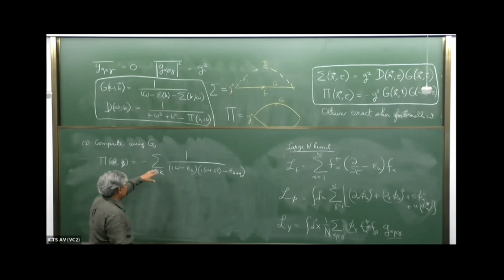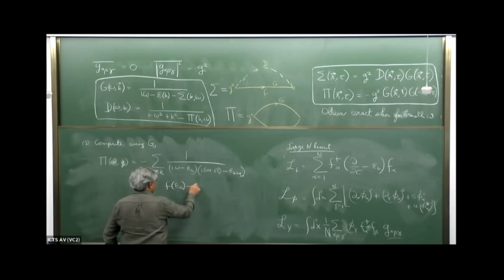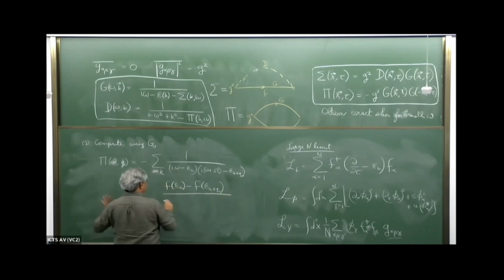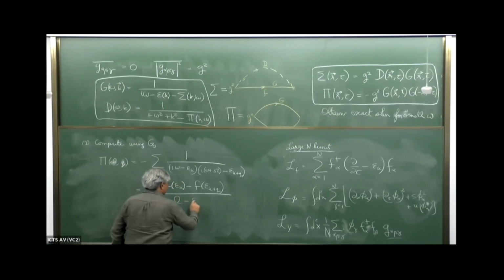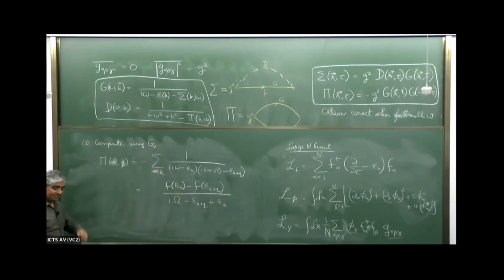Now you can do the sum over omega, and then you get the Lindhard function, f of EK minus f of EK plus Q, over i omega minus EK plus Q plus EK, and I will not try to get the sign right. Okay, I probably wrote this down earlier in the course.